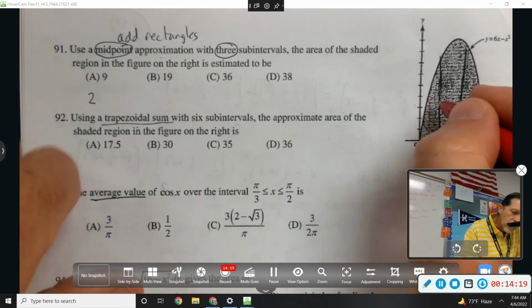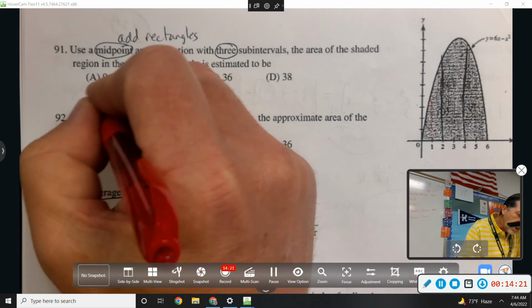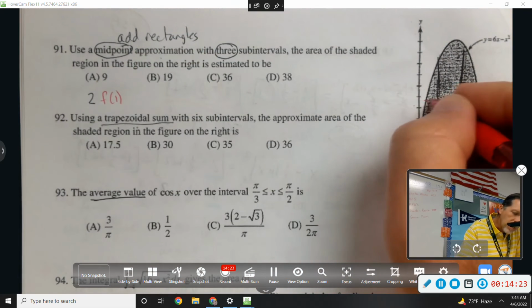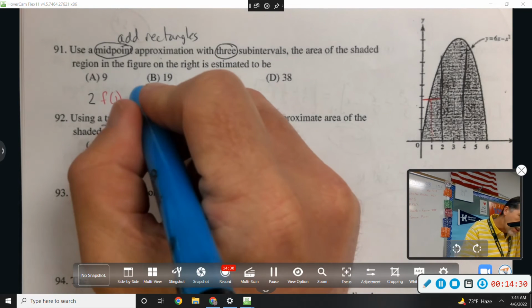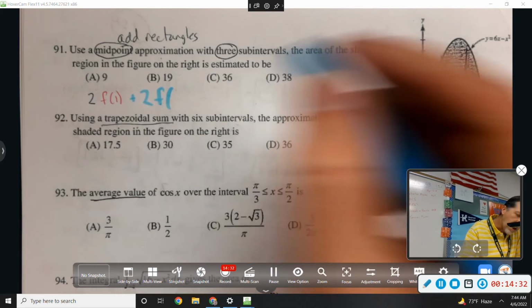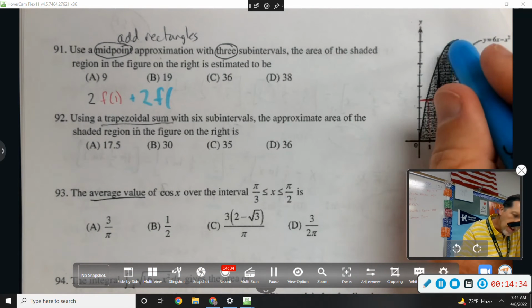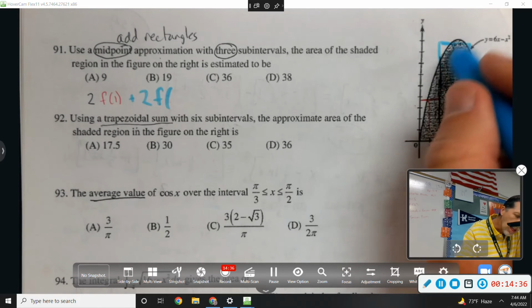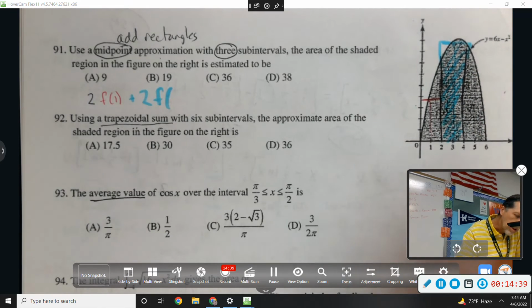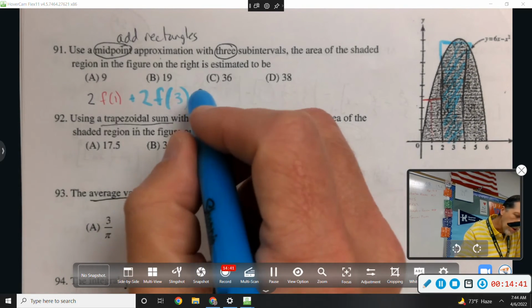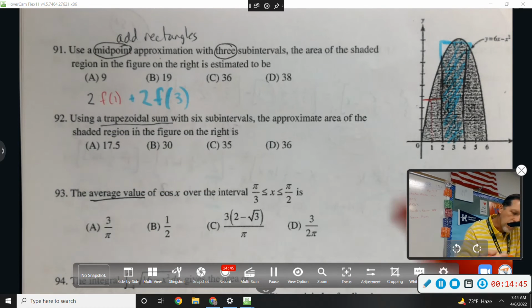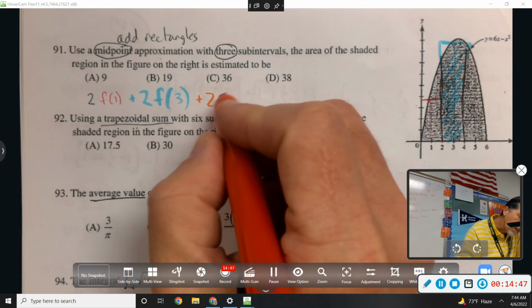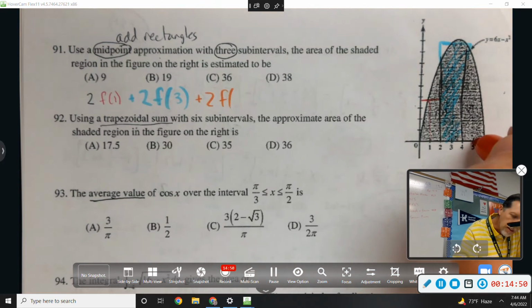The width is 2, and the height would be f of 1. And the second rectangle has a width of 2 and a height of f of 3. And then the last rectangle has a width of 2 from 4 to 6 and a height of f of 5.